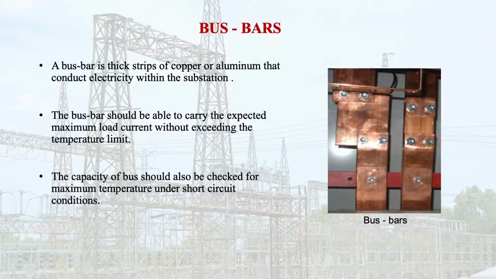You can see very thick bus bars there, which means a lot of current is being handled. The bus bar should be able to carry the expected maximum load current without exceeding the temperature limit. The capacity of the bus should also be checked for maximum temperature under short circuit conditions, because in a short circuit condition the maximum current will flow, and then the temperature will rise.